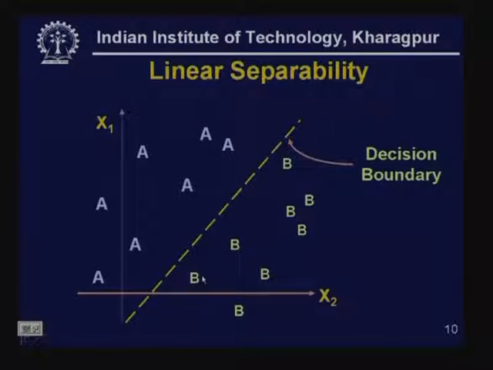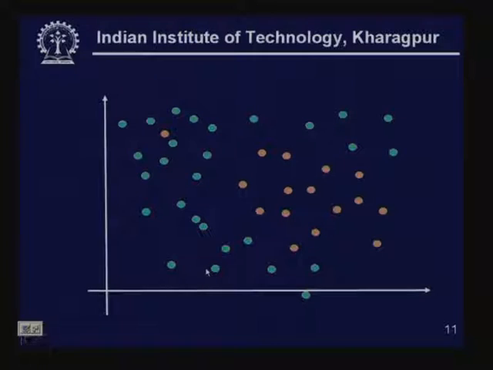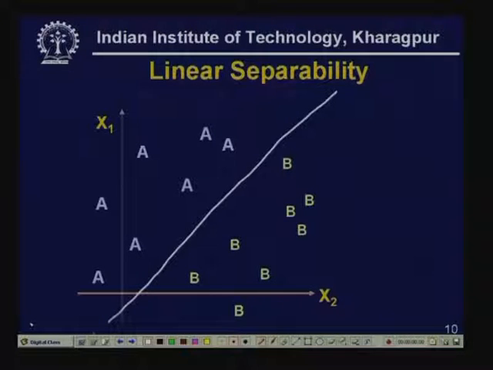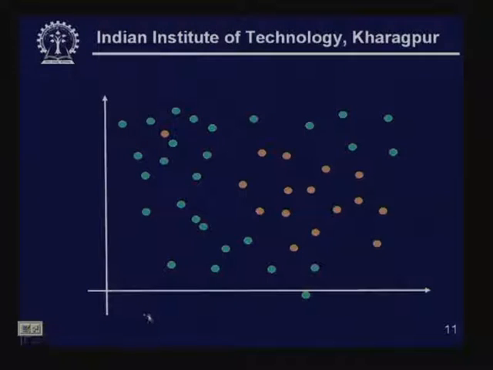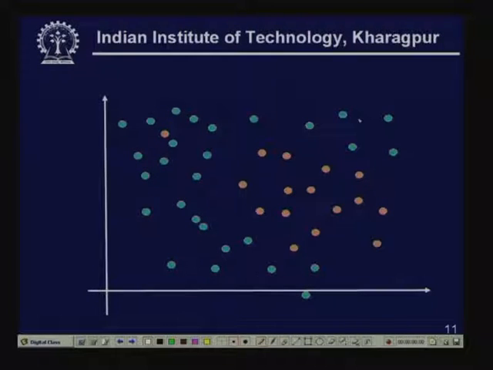However, there are problems where the decision boundary is not linear, where a linear decision boundary does not exist. In that case, we will not be able to find a linear decision surface. Suppose we try to find a linear decision surface, we might be able to find some surface, and you will notice that there are some errors.